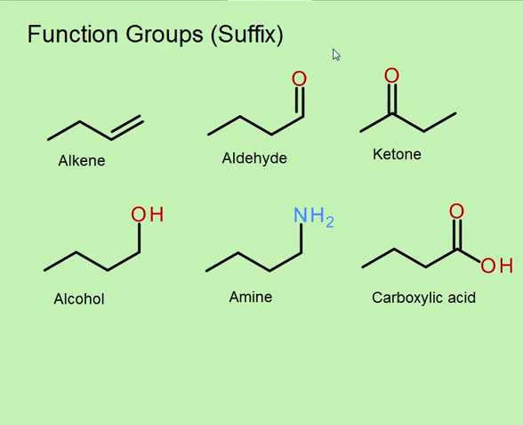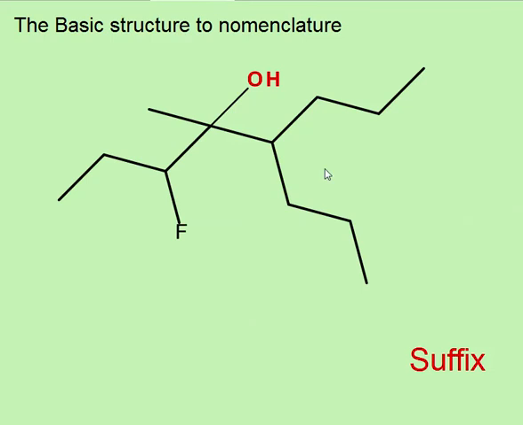There are others, but these are some of the more common ones which we'll see during the semester. So the name ending is based on the kind of functionality we have, although for the molecules that we are going to look at in this chapter, the alkanes, it means that our suffix is ANE. All of the alkane names finish in ANE.